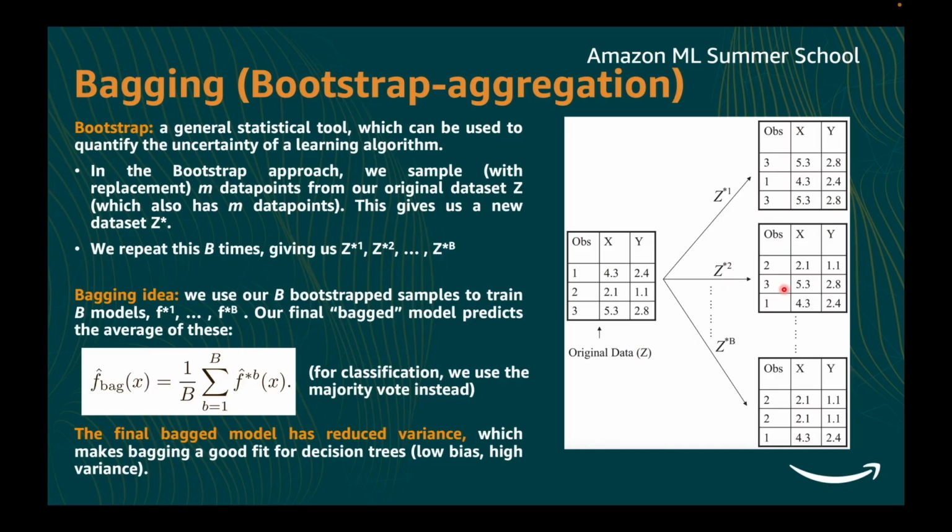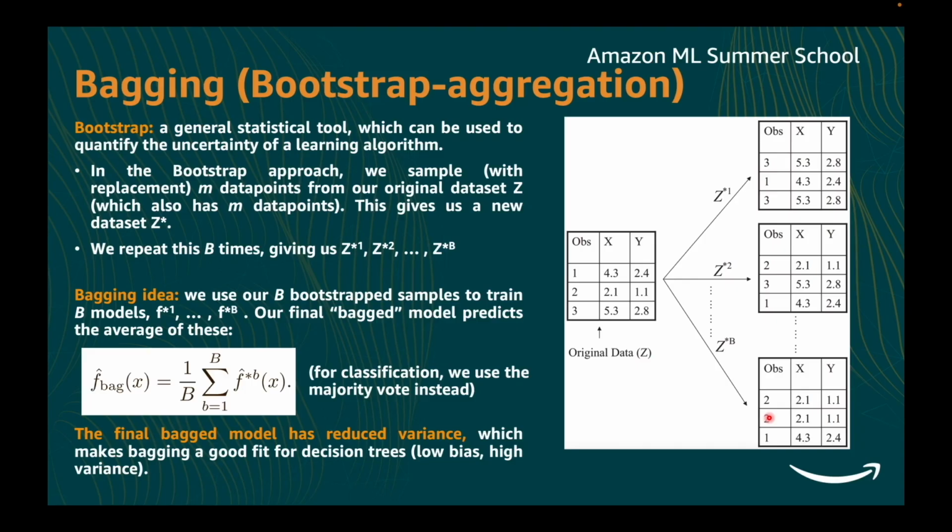When you're making a prediction from the final model, you take the input example, pass it through all the models trained on each of these data sets, and then you average the predictions from all of those models, and that becomes your final prediction. That's for regression. In the classification case, you take the majority vote from all the models trained, and that becomes your final prediction.